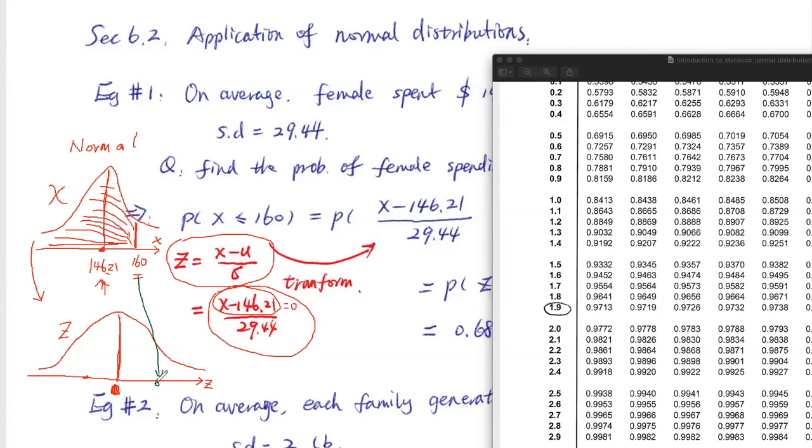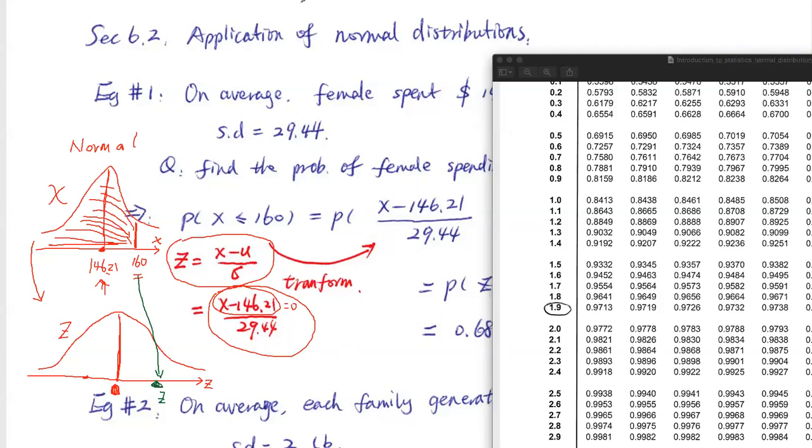So we know it should be on this side, not this side. So there is some Z here that we are trying to find. How do we find Z?